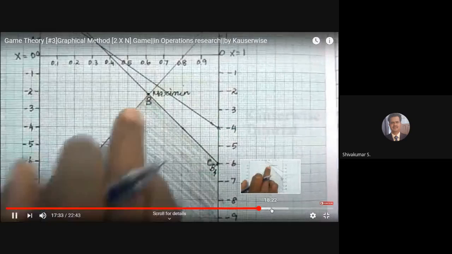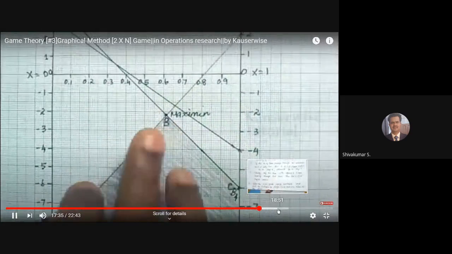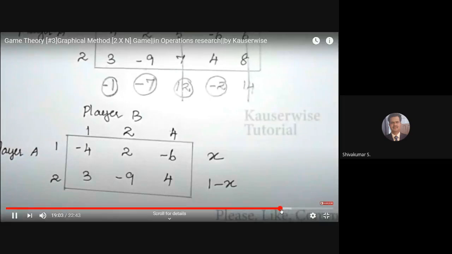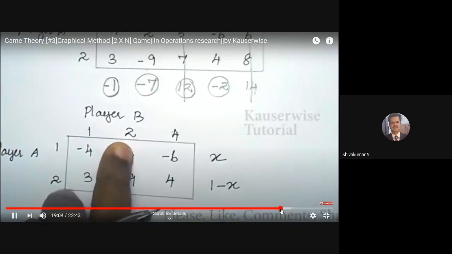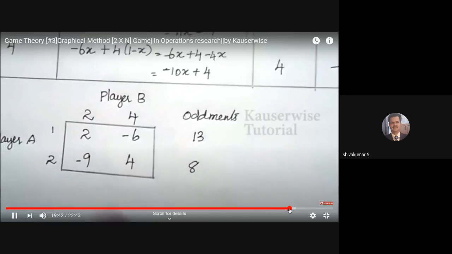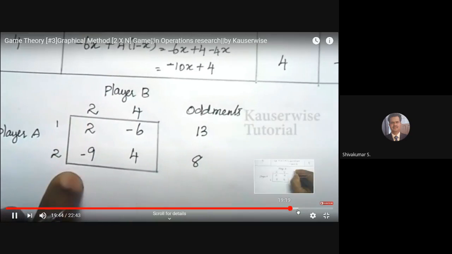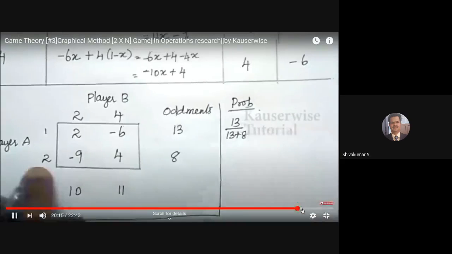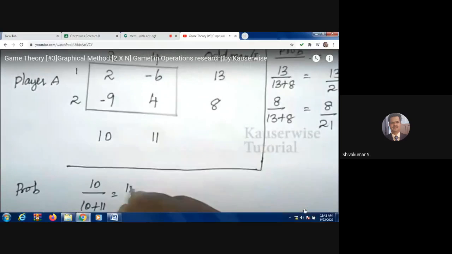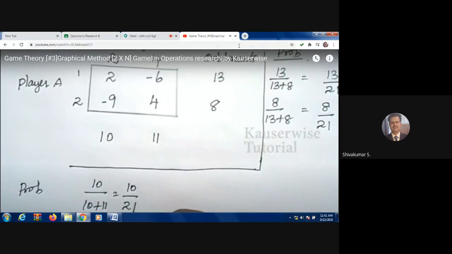If we find more than 2 lines, then we have selected the maximum point at B2 and B4. So 13. In the same way, find the difference between these 2 values, and for the second option, 8 is equal to 10 divided by 21.